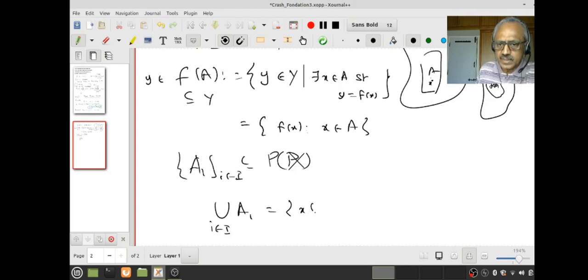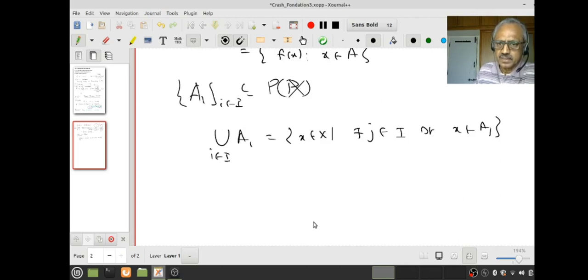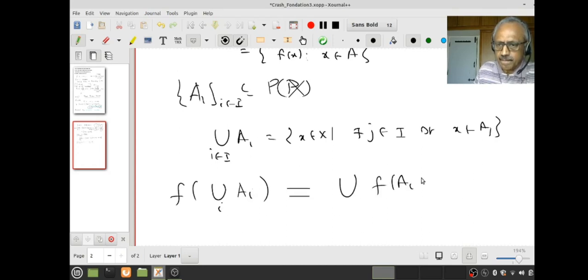This is the set of all x in capital X with what property? There is at least one j in I, so that x belongs to A_j. That is, collect all elements which are in at least one A_i. Then what I want to claim? I want to claim f of the union of A_i, i in I, is equal to the union of f(A_i).